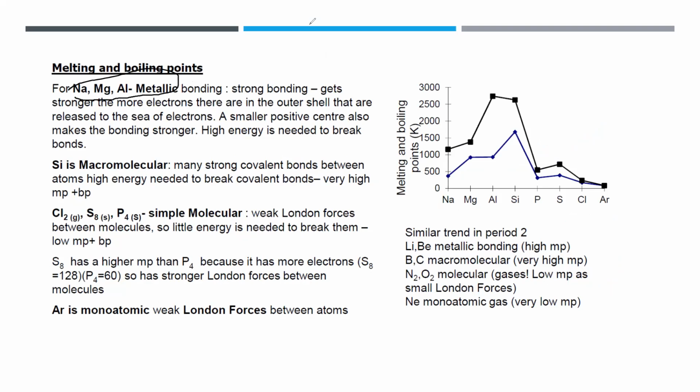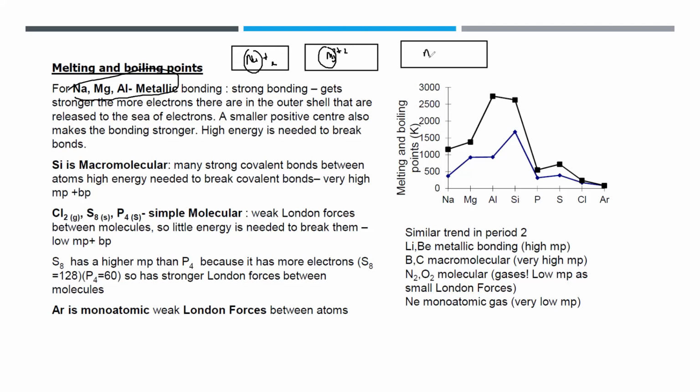Why? Aluminum, like the others, has a metallic structure of positive ions and delocalized electrons, but the size of the sodium ion is larger and the charge small, so weak attraction. Magnesium is smaller with greater charge, so more attraction, a higher melting point than sodium.